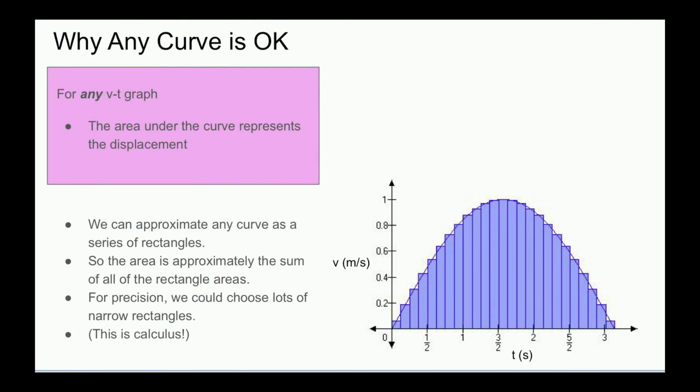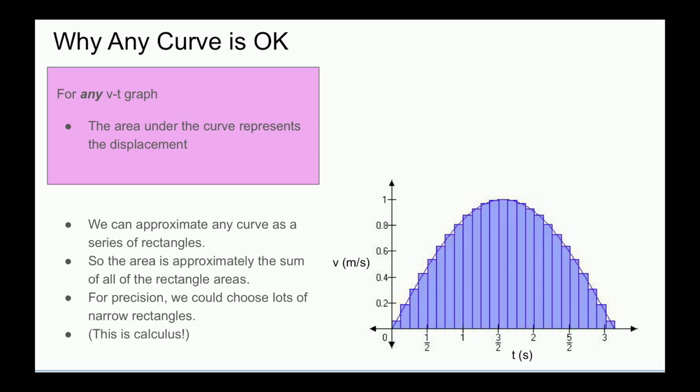I made a claim earlier that for any velocity time curve, the area under the curve is the displacement. It sounds so powerful and so simple, and it actually is. Let's figure out why that is the case.